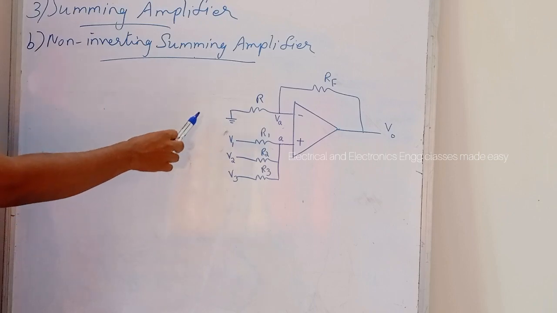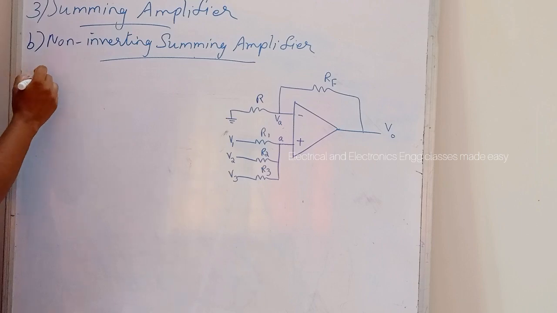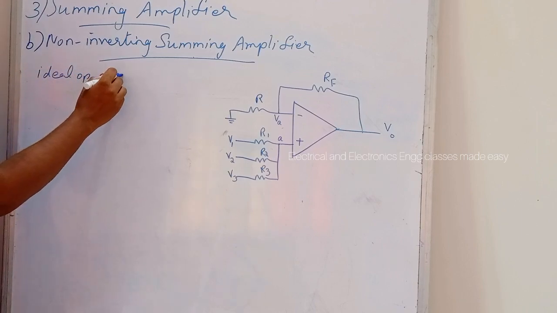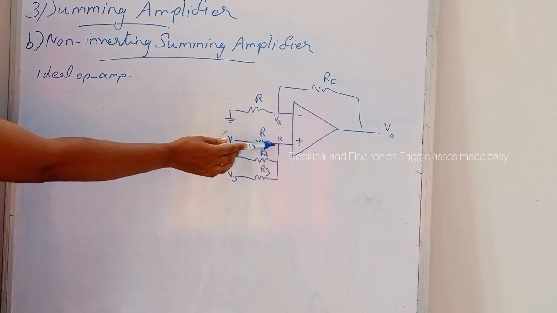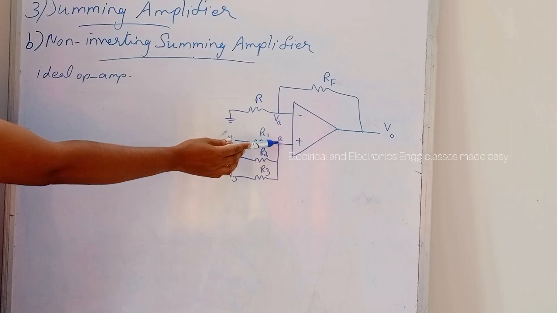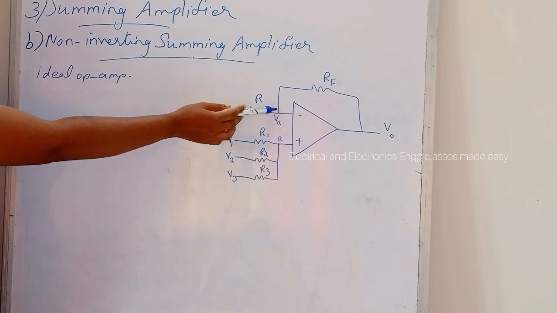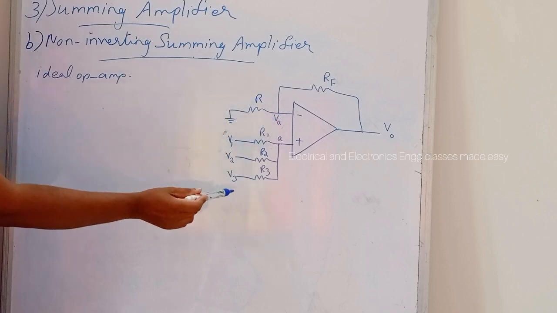So this is the circuit for the non-inverting summing amplifier. Consider an ideal op amp. Let the voltage at node A be VA. Then the voltage at the inverting input will also be VA.